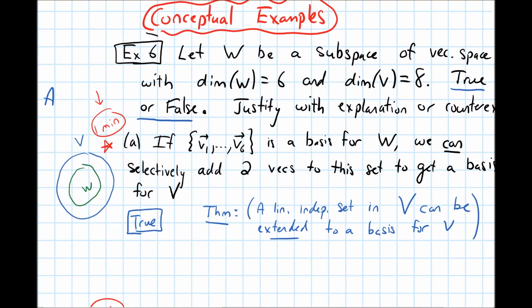We have a basis for W, and that basis has 6 vectors in it. These 6 vectors.